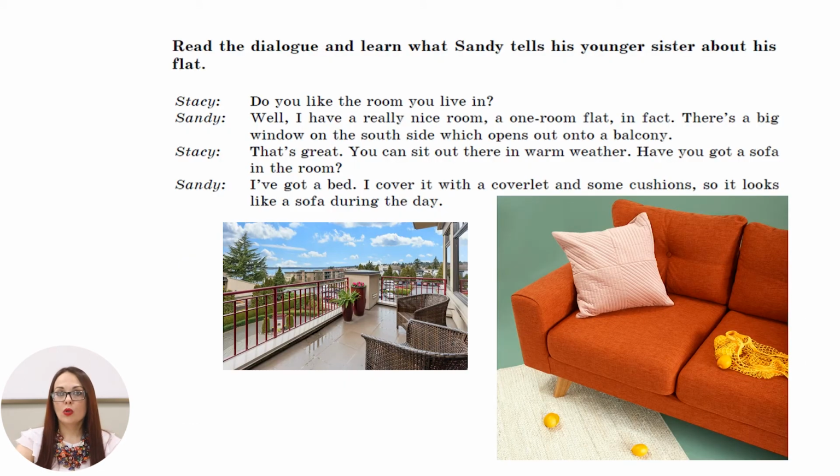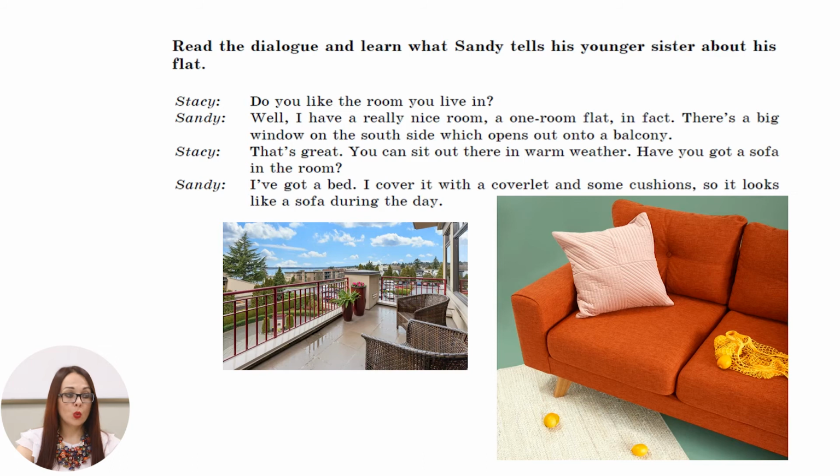Now we are going to read the dialogue and learn what Sandy tells his younger sister about his flat. Stacy asks, "Do you like the room you live in?" Sandy answers, "Well, I have a really nice room, a one-room flat, in fact.